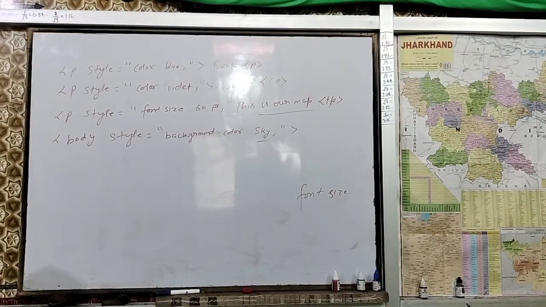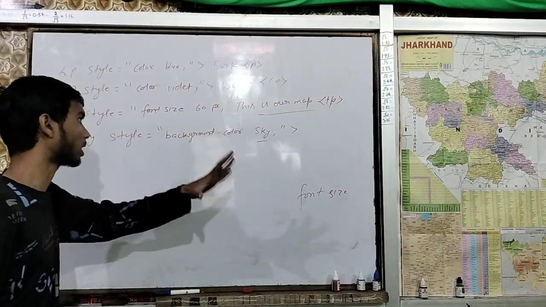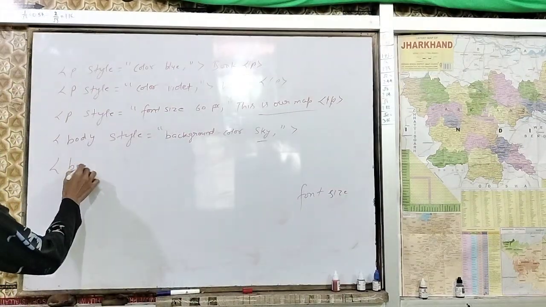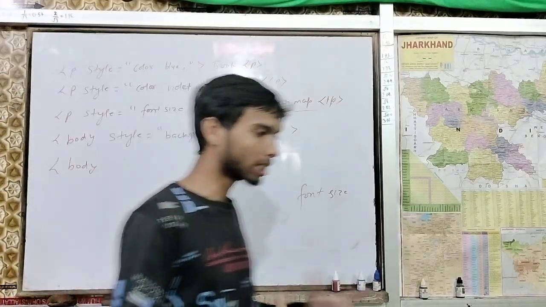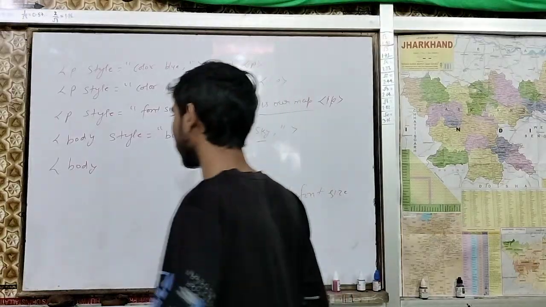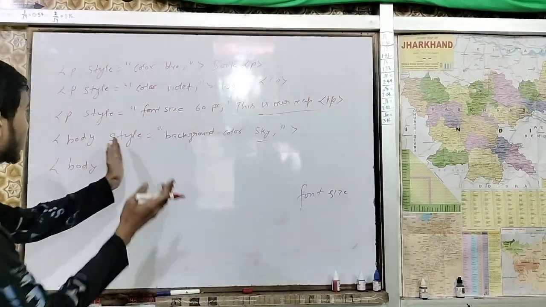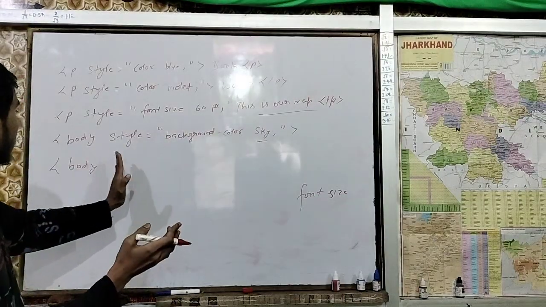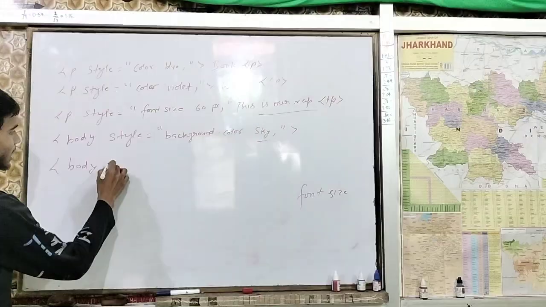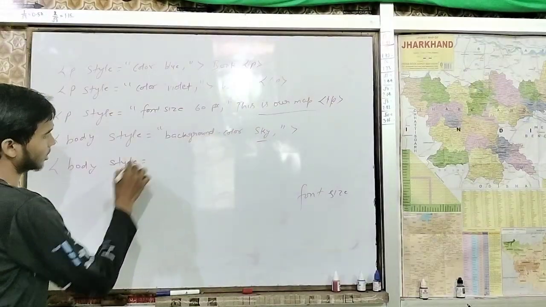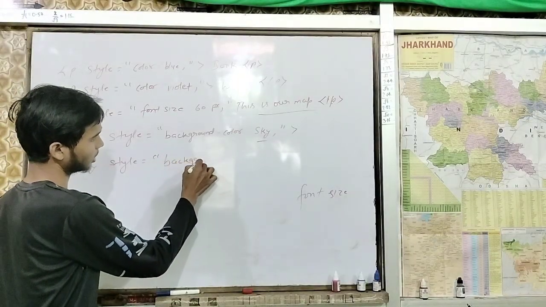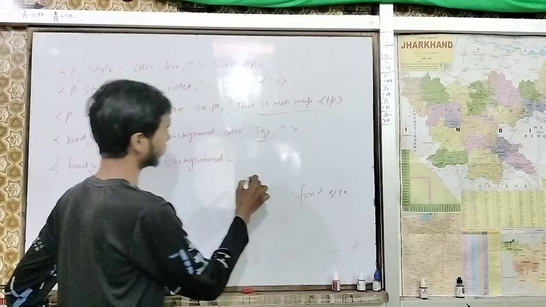For example, you want another color. In that case, remember here you are changing color of a body of a website. That's why you are applying this attribute inside body tag. So this style is equal to, then background, then we have color.